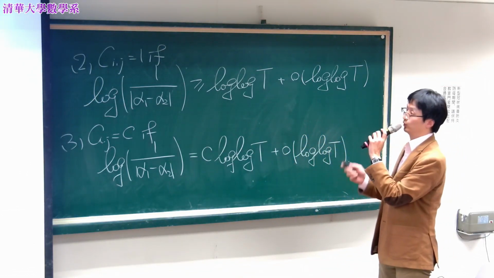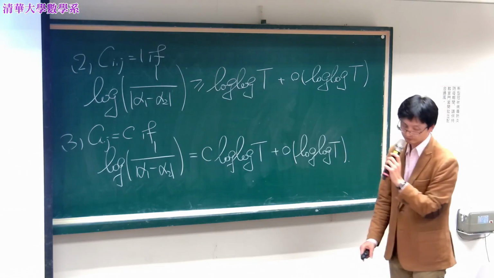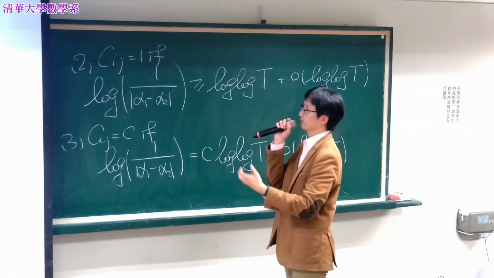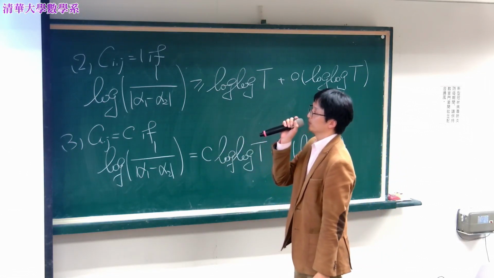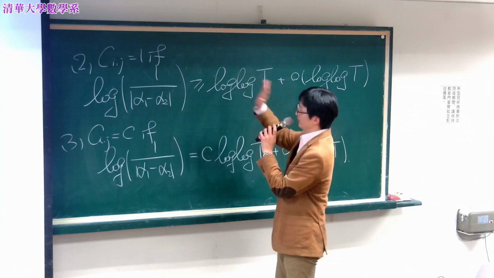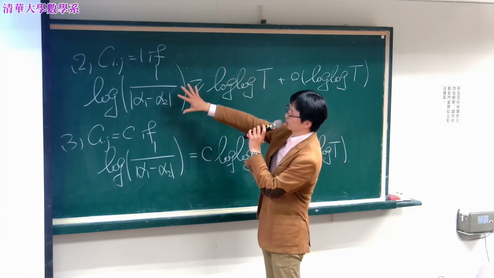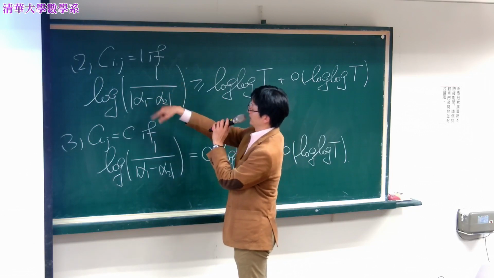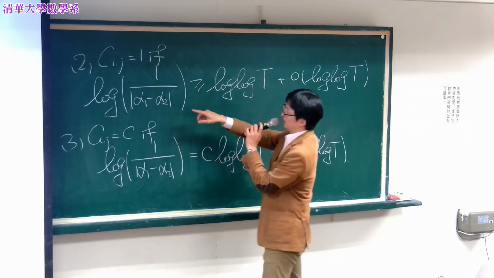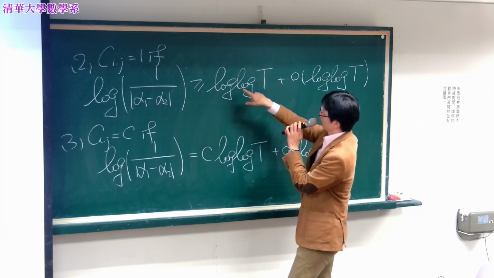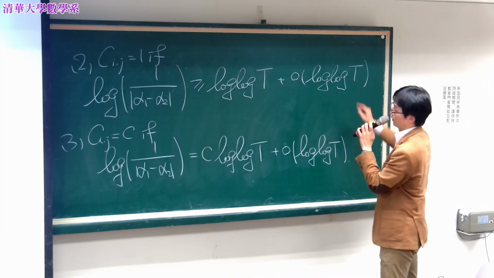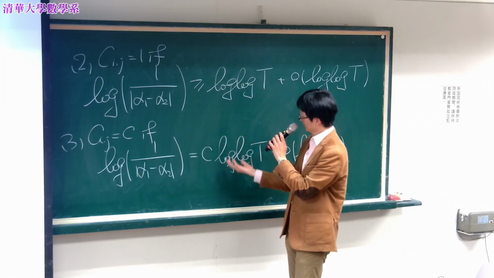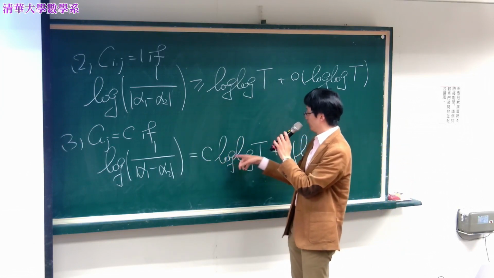Allow me to introduce our main theorem. Suppose you have a sequence of shifts, and suppose they satisfy either this condition, namely the growth of 1 over the difference between alpha 1 and alpha 2, you take log. It is either larger than log t plus little o of log t, or it equals some constant times a multiple of log t.